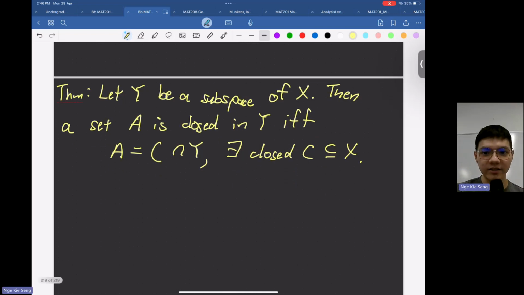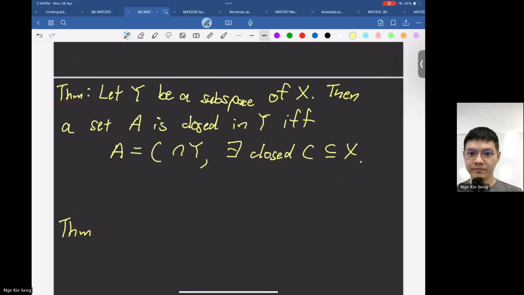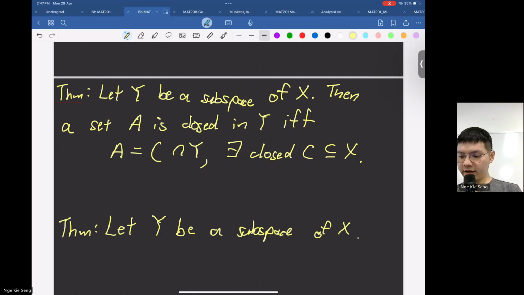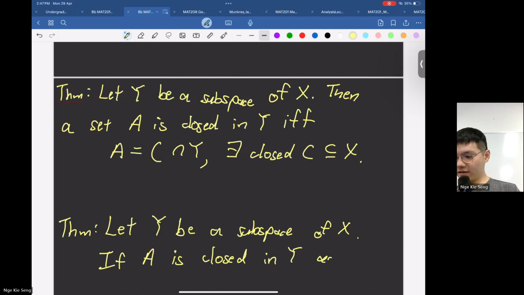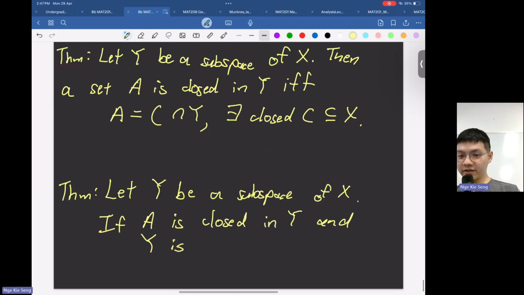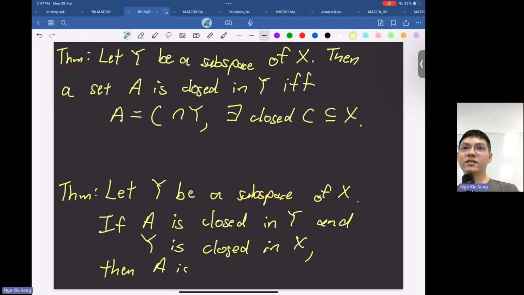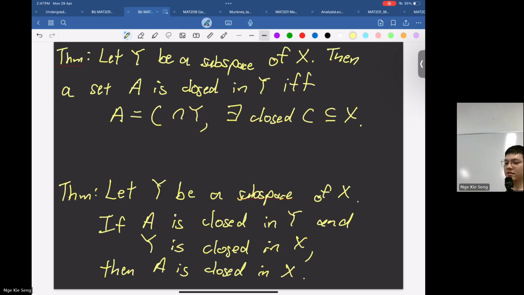Another similar theorem: let Y be a subspace of X. If A is closed in Y and Y is closed in X, then we have this transitivity property: A is closed in X. This is similar to what we have for open sets: if A is open in Y, and Y is open in X, then A is open in X. These two theorems are quite easy to prove.